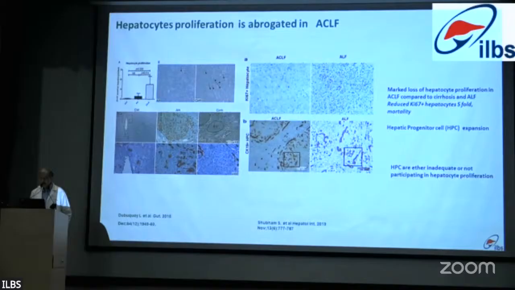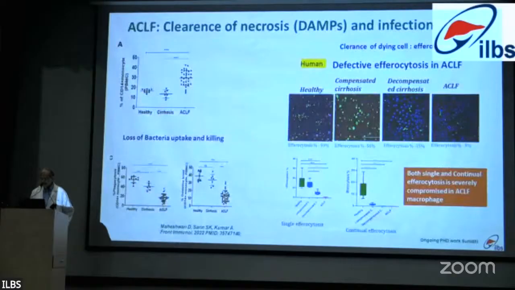Compared to ALF, you see all the brown dots, they are Ki67 positive, but in ACLF, they are not involved. So hepatocytes are not contributing to regeneration in ACLF while they do it in ALF. The clearance of necrosis, the DAMPs and PAMPs, is the ongoing work of Sunidhi.